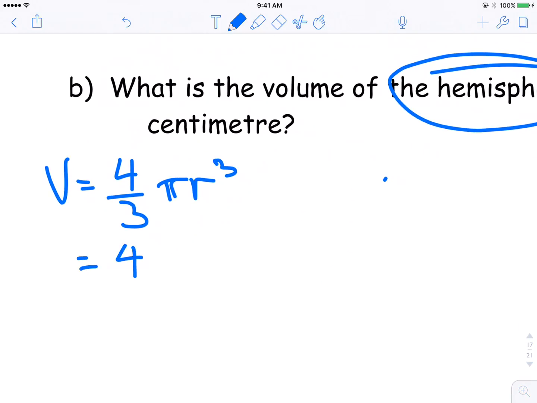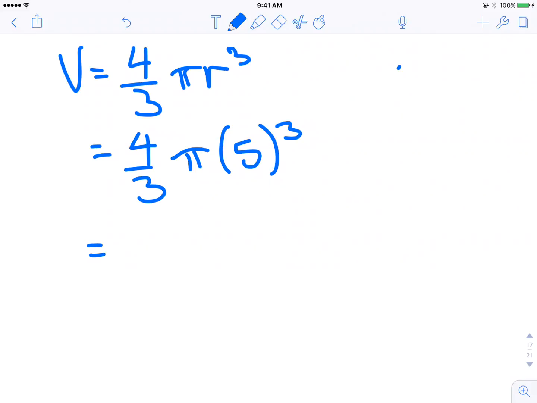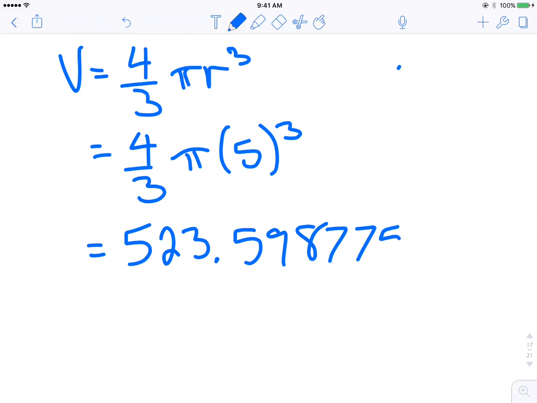I'm going to go 4 over 3 times pi times my radius, which is 5 cubed. Punch that into my handy dandy calculator. 4 divided by 3 times pi times 125 is equal to 523.5987756.